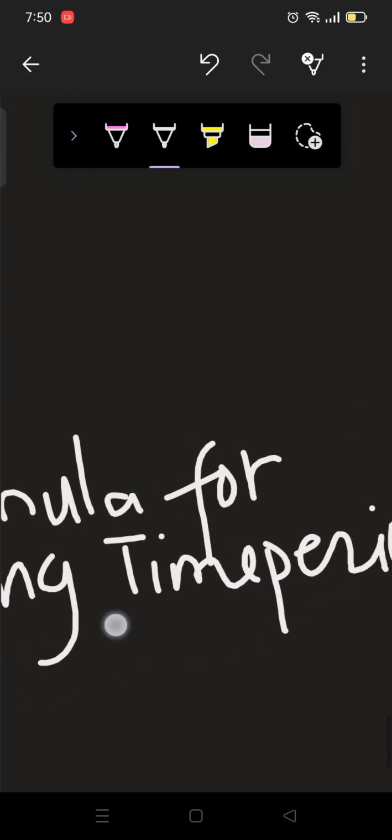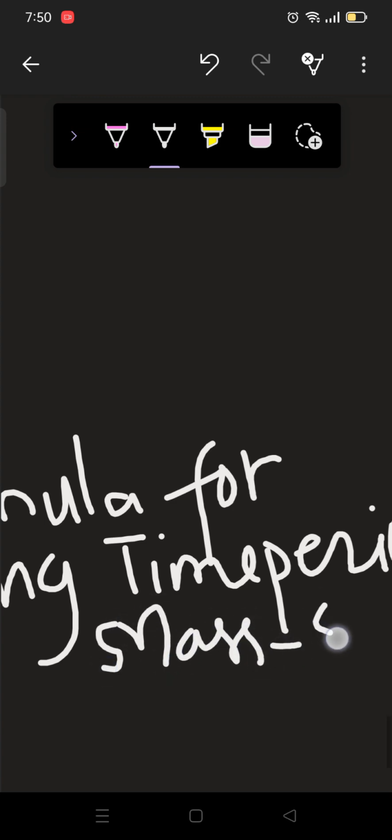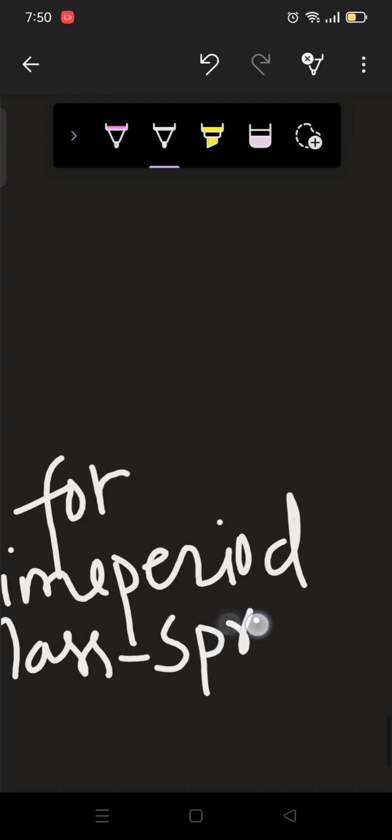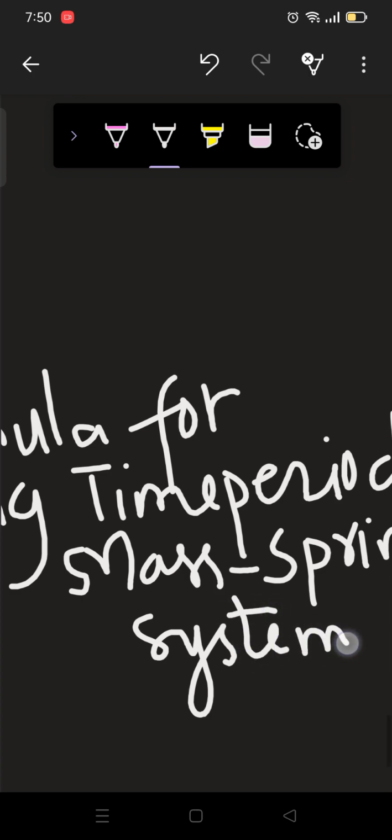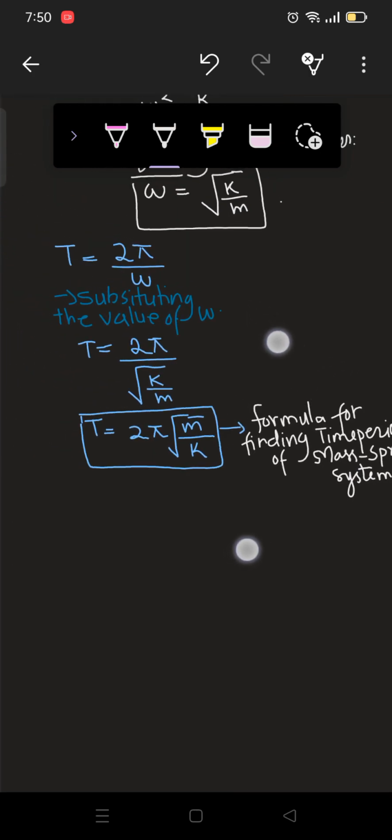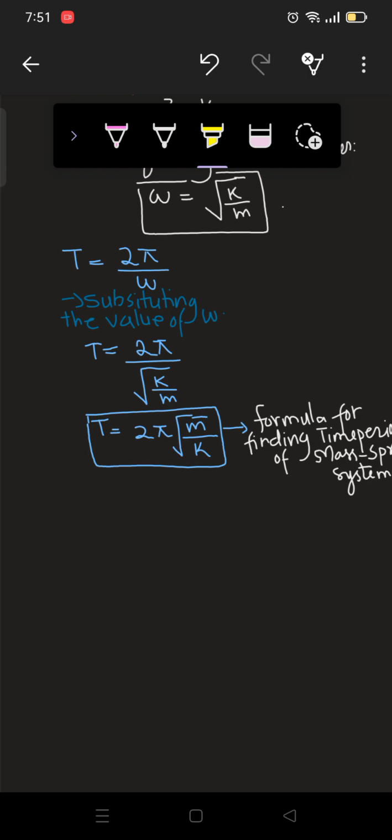So T is equal to 2 pi under root m over k.